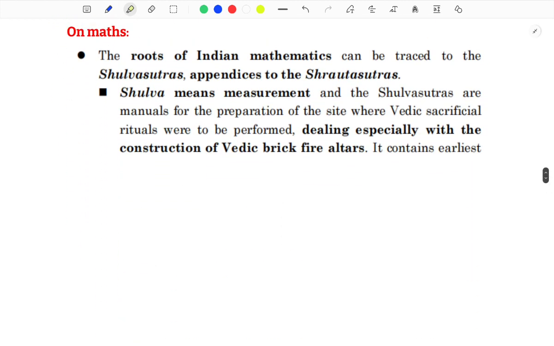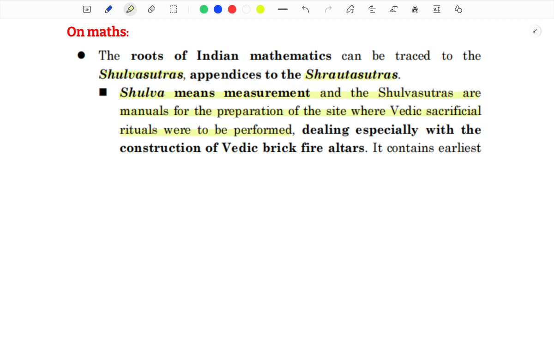The roots of Indian mathematics can be traced to the Shulva Sutras, appendices to the Shrauta Sutras. Shulva means measurement, and the Shulva Sutras are manuals for the preparation of the site where Vedic sacrificial rituals were to be performed. And we have seen very detailed previous year questions framed on the sacrificial post, the Yupa.